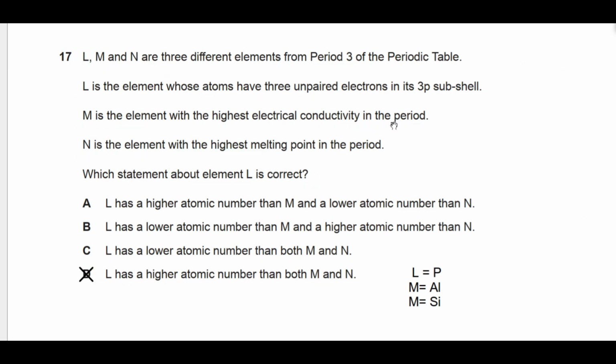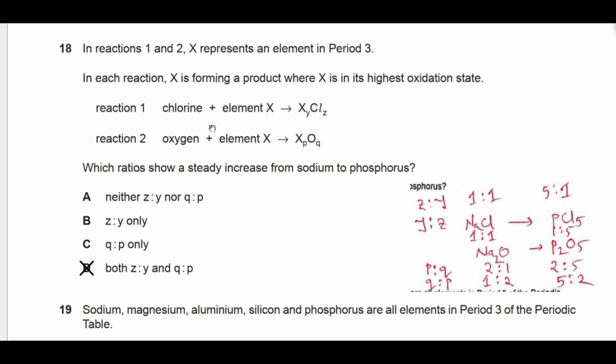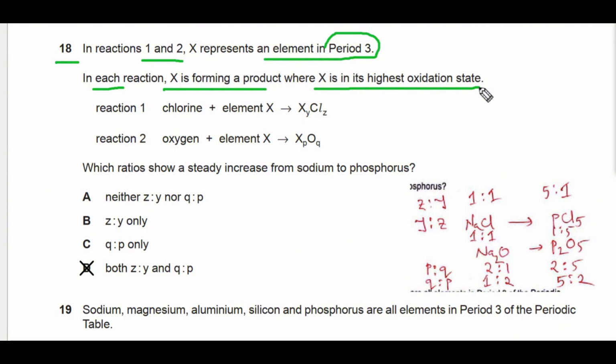Then next, 18. So in reaction 1 or 2, X represents an element of period 3. In each reaction, X is forming a product where X is in the highest oxidation state.